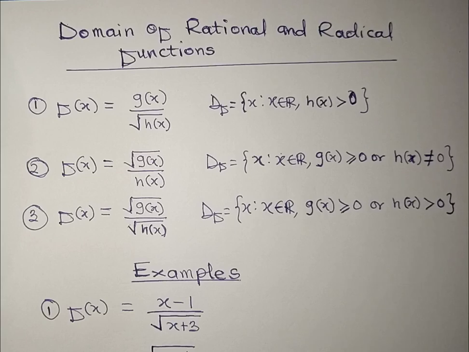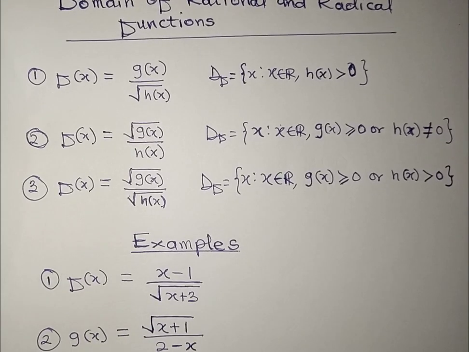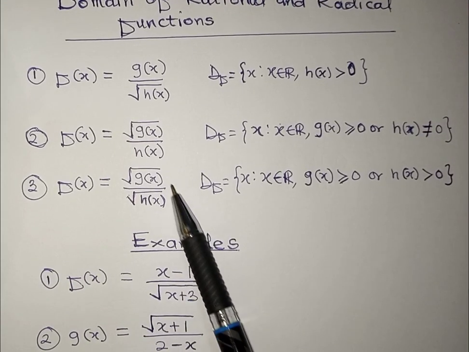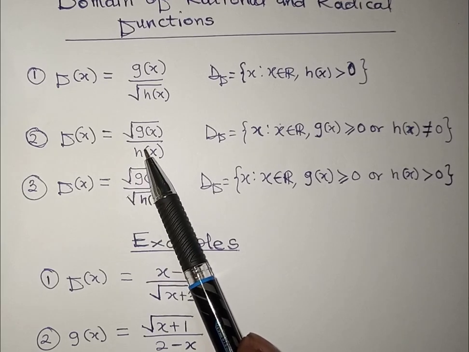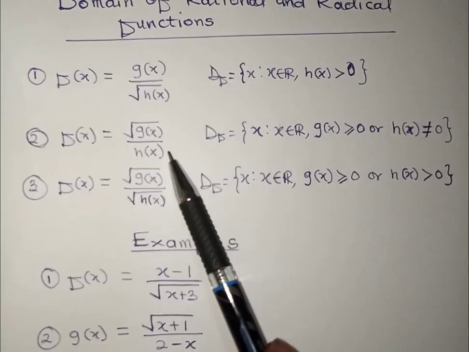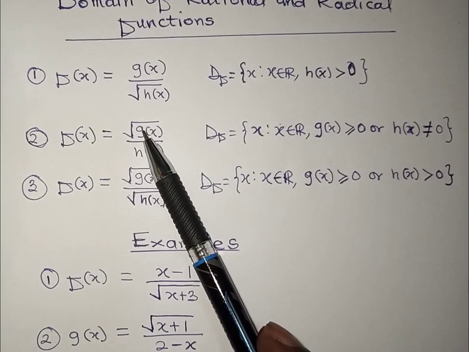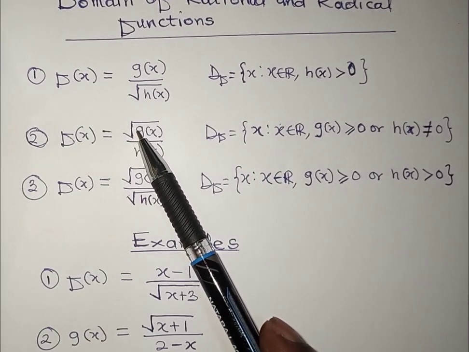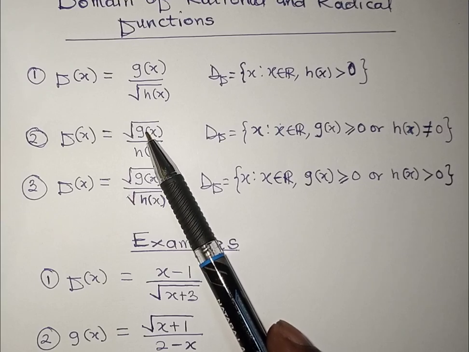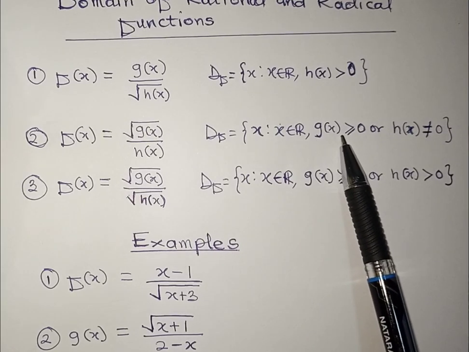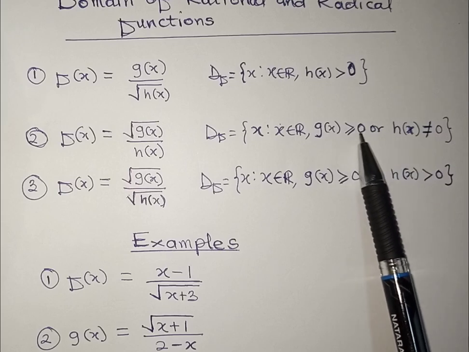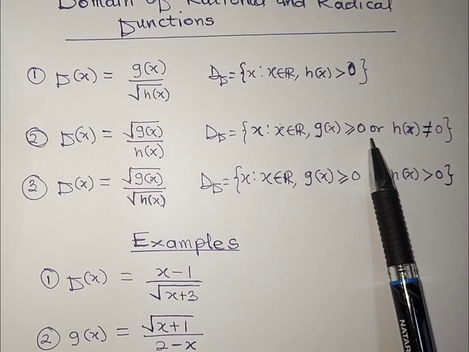This time, let's look at how we can approach it. If you look at all these forms, you see that each and every one has its own given domain. When the radical sign is on the function at the numerator, this is how we find the domain. That is how we write the domain.